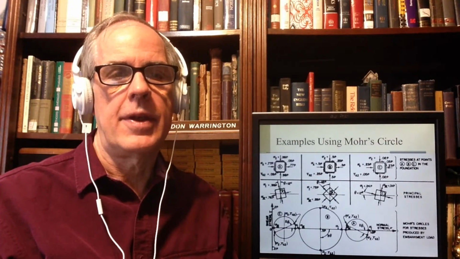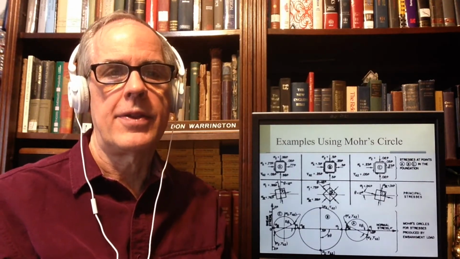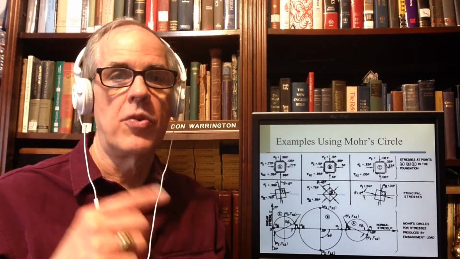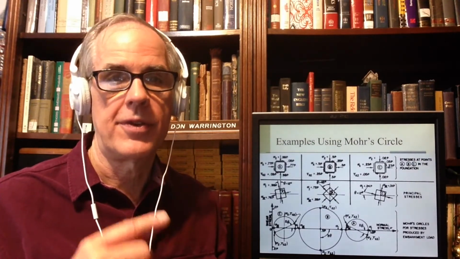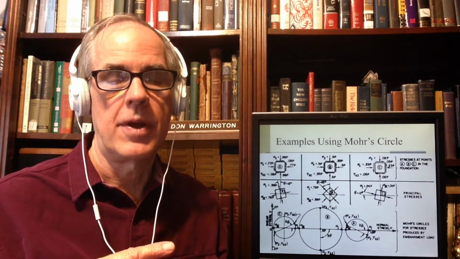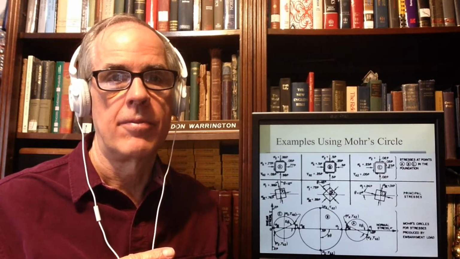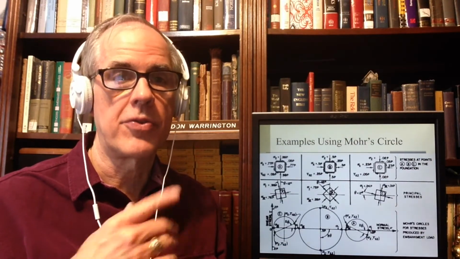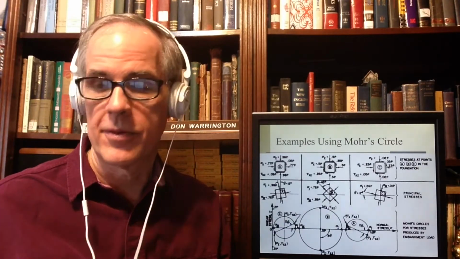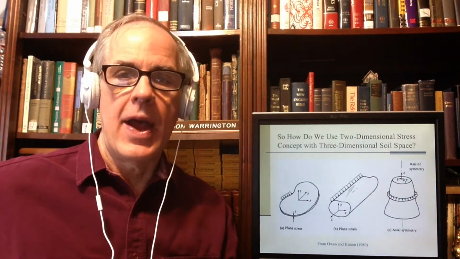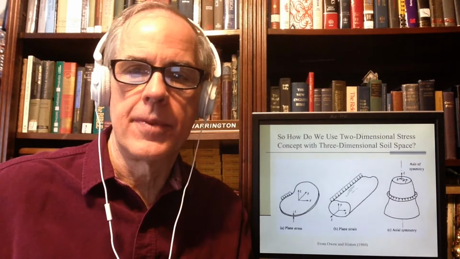And again, these problems are examples of how Mohr circle works in actual soil mechanics. I would suggest you go through these and use these as examples. So how in the world do we use the two-dimensional stress concepts in three-dimensional soil space? That's a challenging issue.